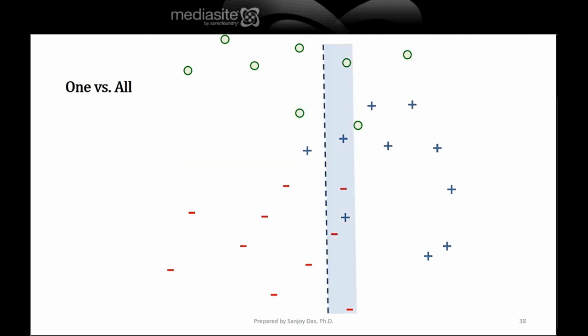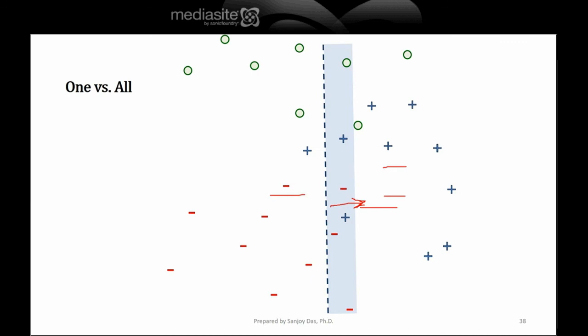Then I do the same thing for the other class. This is for the plus class. This is the light green band denoting the correct side of the hyperplane. All the blue pluses should lie on this side of the hyperplane, and everything that's non-blue should lie on the other side of the hyperplane.